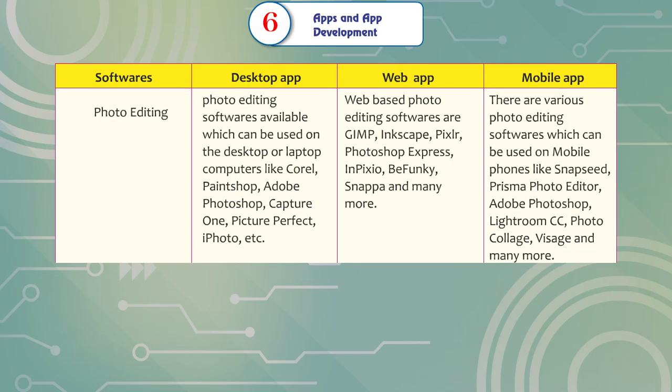Photo editing. There are various photo editing softwares available which can be used on the desktop or laptop computers like Corel, PaintShop, Adobe Photoshop, Capture One, Picture Perfect, iPhoto, etc. Web-based photo editing softwares are GIMP, Inkscape, Pixel, Photoshop Express, InPixio, BeFunky, Snapper, and many more.